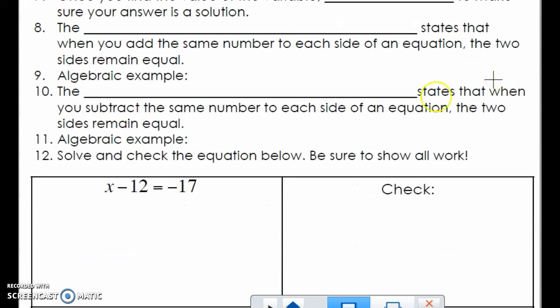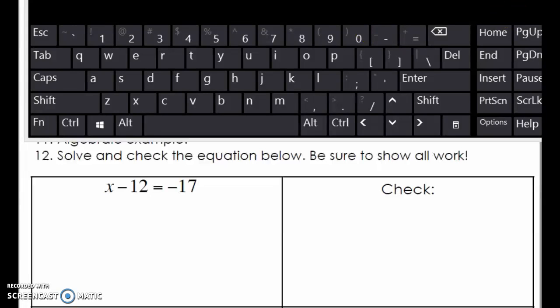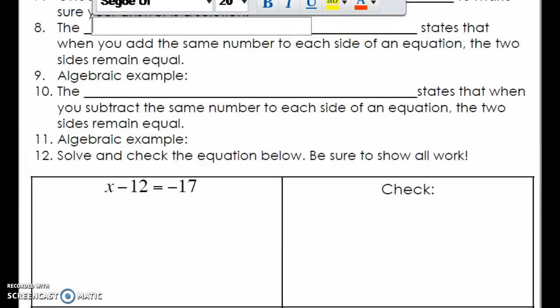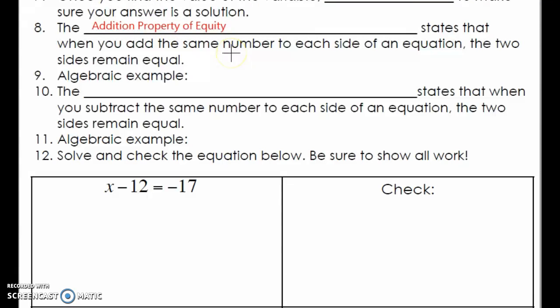I don't know that you've ever heard of this or not, so I'm going to write it in for you right now, but the addition property of equality states that when you add the same number to each side of an equation, both sides remain equal, of course.